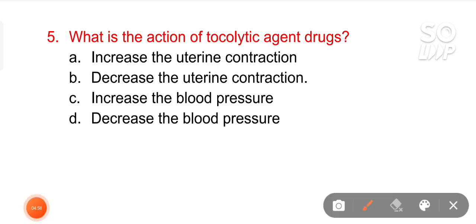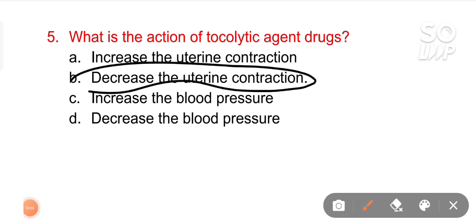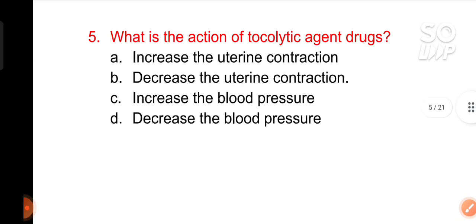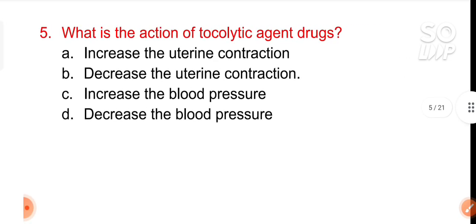The right answer is decrease the uterine contraction. When the mother is having recurrent abortions or any abnormality in holding the baby inside the uterus, in these conditions we can advise the mother to take tocolytic agents, which decrease the contraction of the uterus.